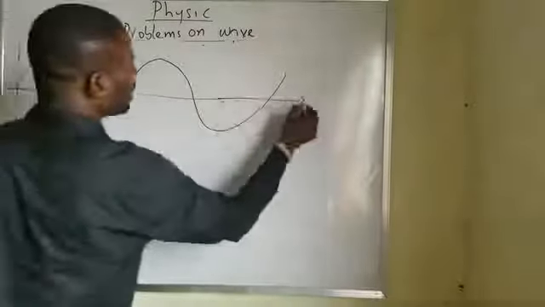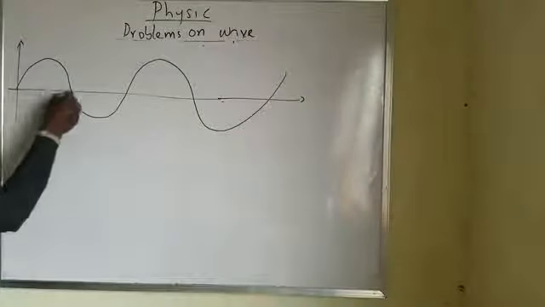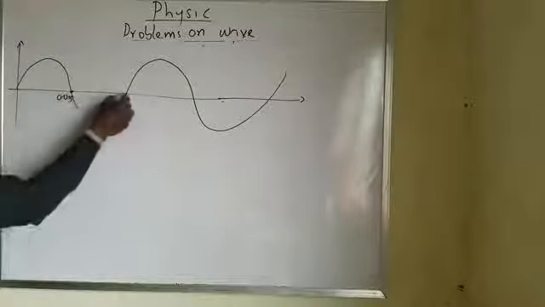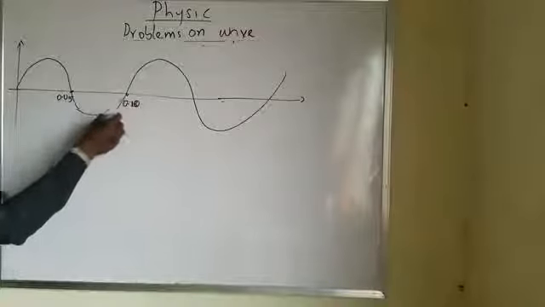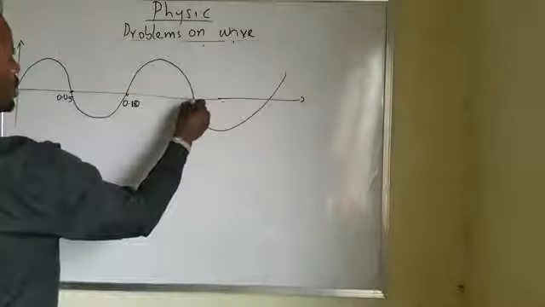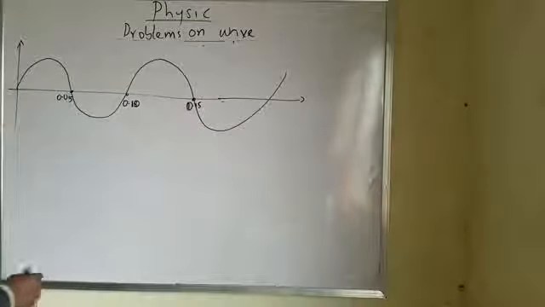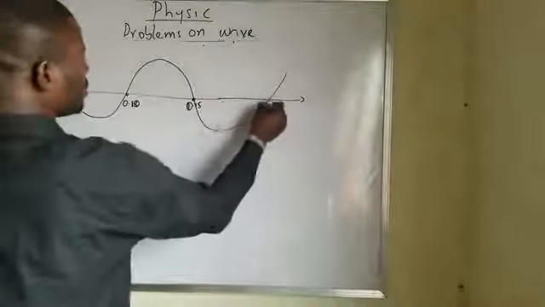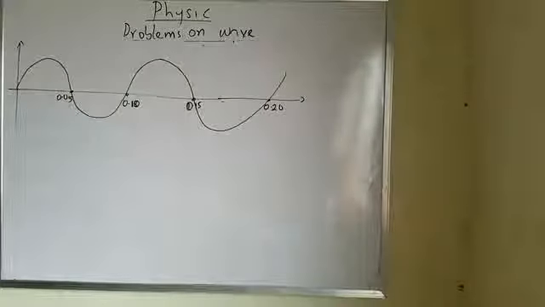Sorry, I cannot draw very well. At this point we call it 0.05, this is 0.10, this is 0.15, and this is 0.20.